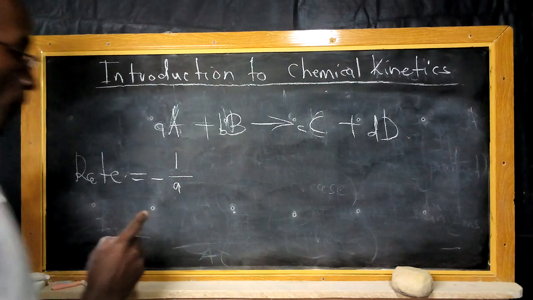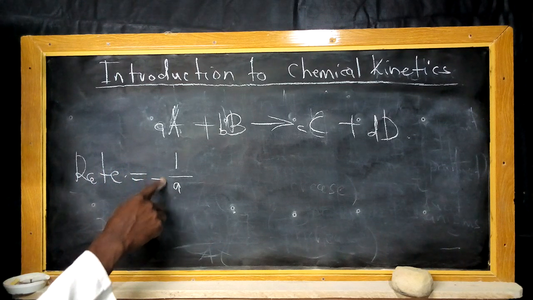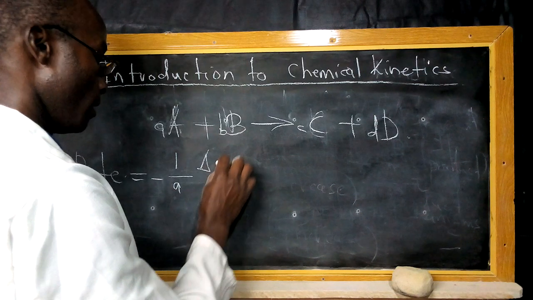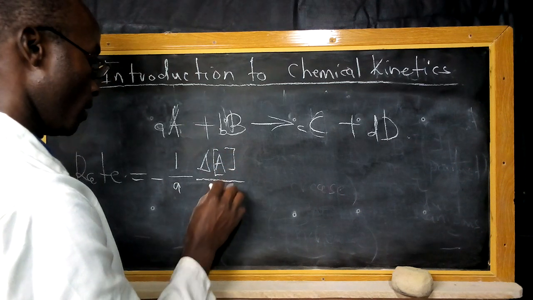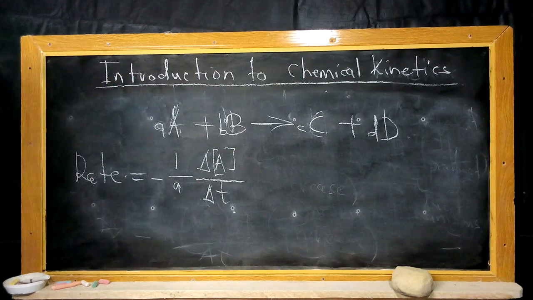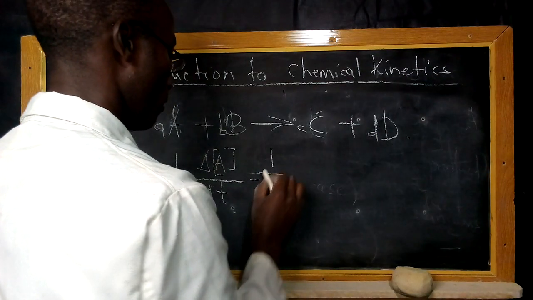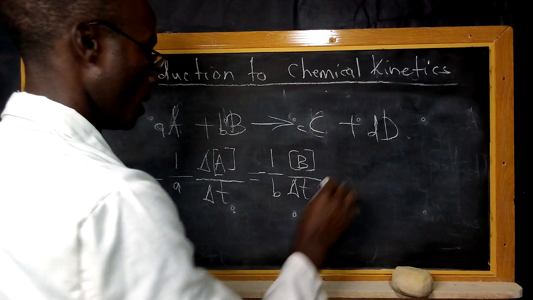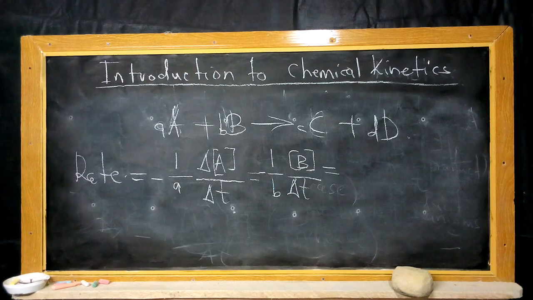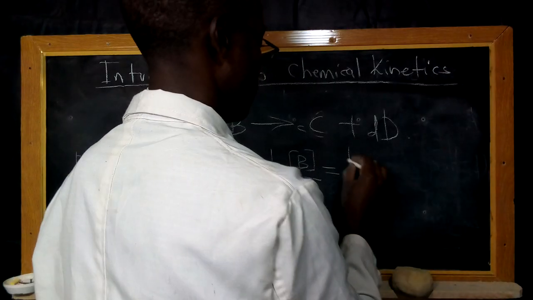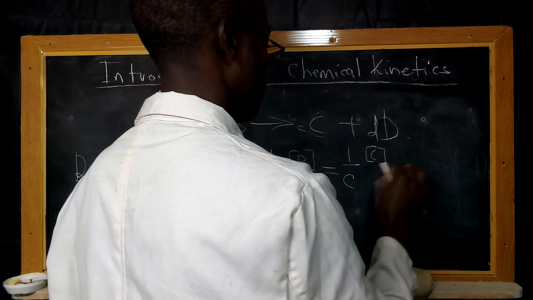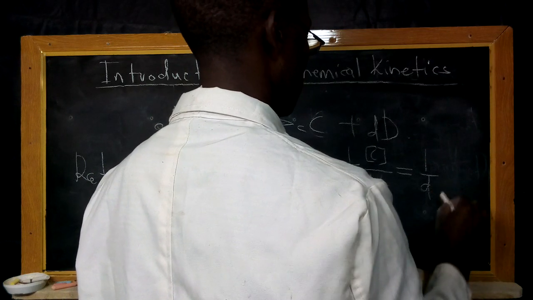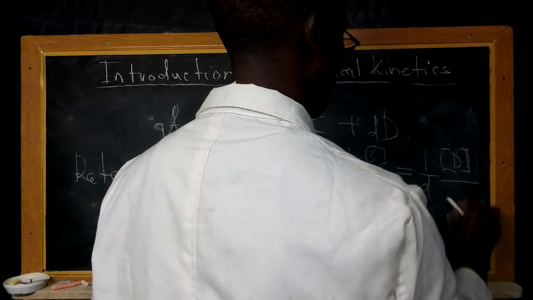This is the reciprocal of the reactant coefficient for A, change in the concentration of A over change in time, which will be equivalent to the reciprocal of the coefficient of B, again being consumed, change in the concentration of B over change in time, which will be equivalent to, now the products, as we have said, since they are being formed, there's an increase, so it's going to be positive, so we shall still have just a positive change in concentration of C over change in time, which is equivalent to the reciprocal of the coefficient of D, change in concentration of D over change in time.